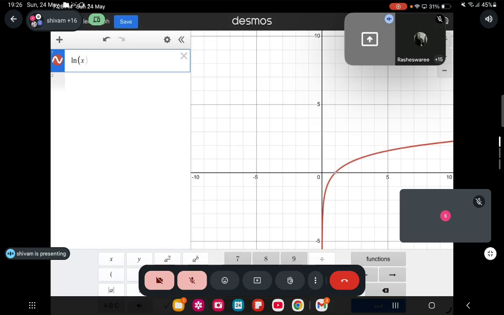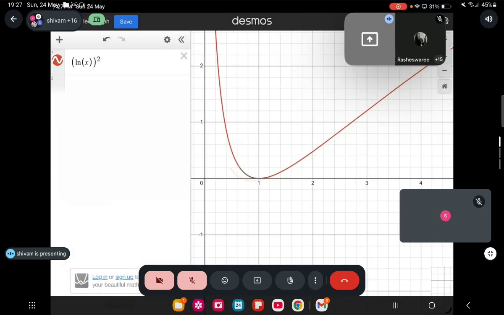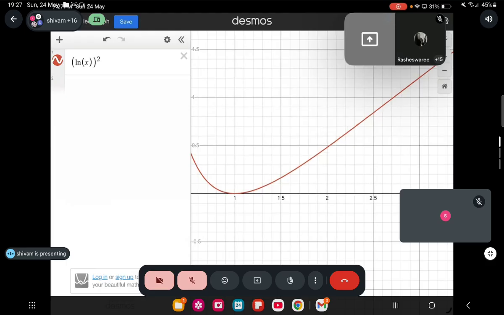Are you able to see that at x equal to 1, it's a smooth curve? It's not a sharp corner.